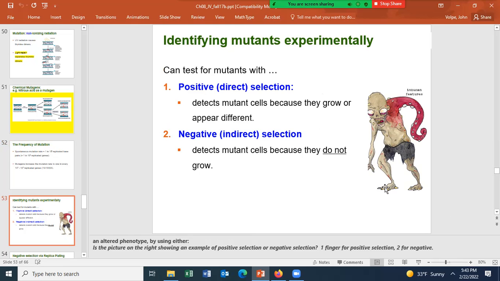Well, you can identify mutants experimentally. Like if you were to see somebody walking down the street like that, you'd say, yep, there's a mutation. And that would be a positive direct selection, where you can detect the mutant because they grow or appear different.